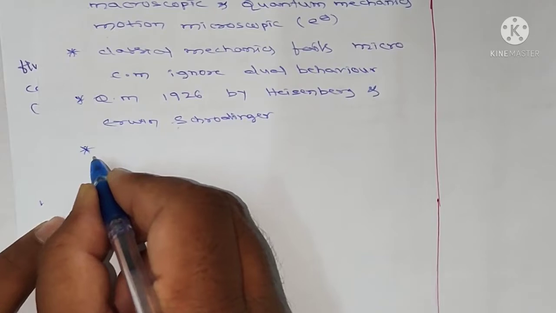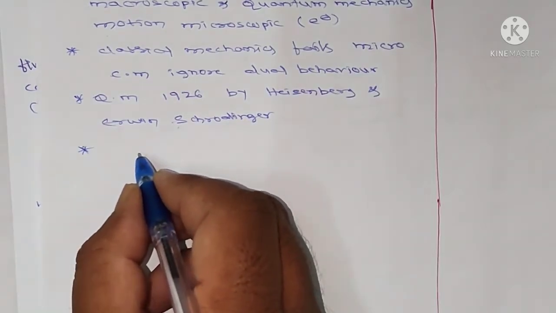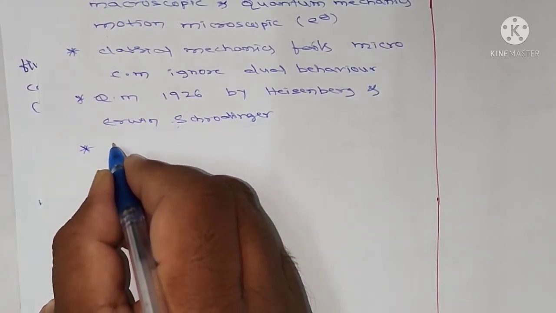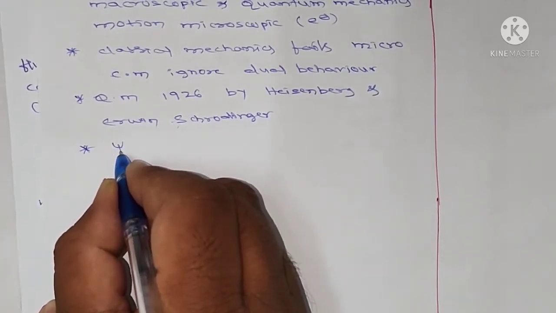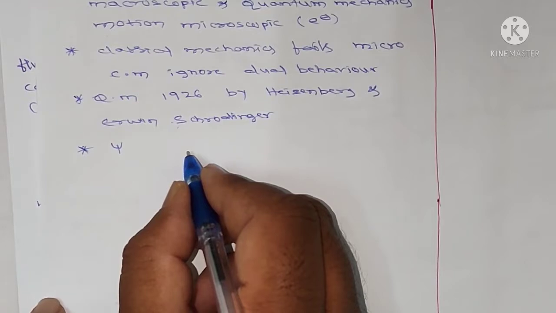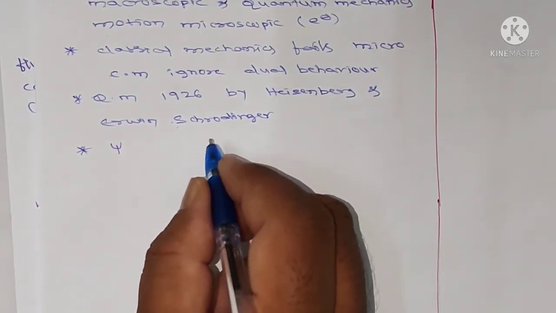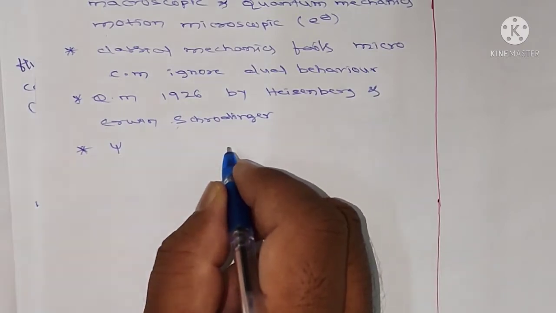And all the information about electron in atom is in orbital wave function psi, and Schrodinger wave equation is applied to electron in atom. It describes the stationary wave.